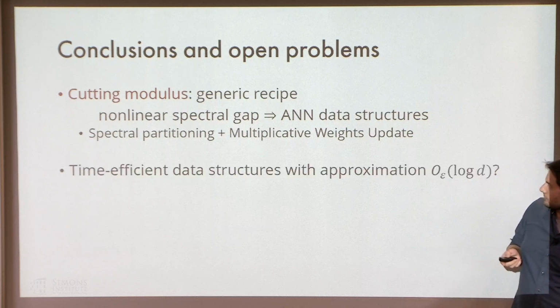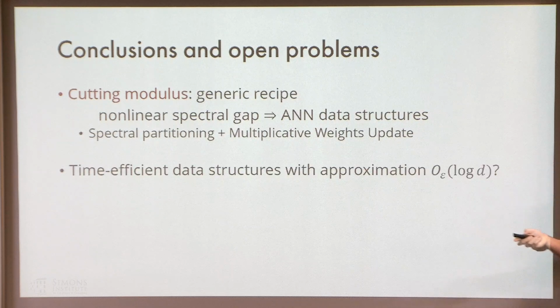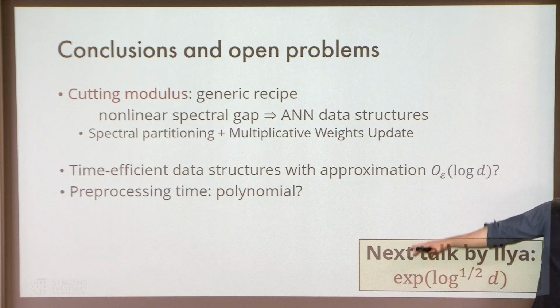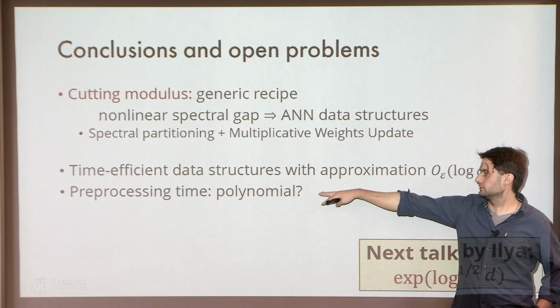And the main questions that remain are, first of all, to get a time-efficient data structure for any norm achieving log d approximation, so going from cell probe to an actual algorithm. In the next talk, you'll see a step towards there, obtaining a bound which is somewhere between polylogarithmic and polynomial. Another question that we don't know how to approach at the moment is to obtain polynomial preprocessing time.